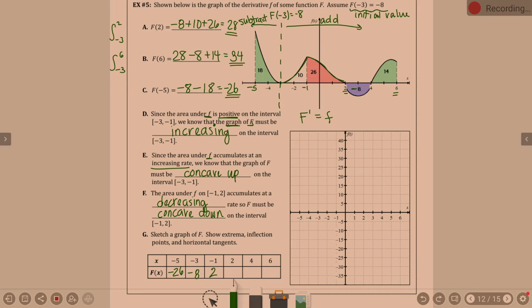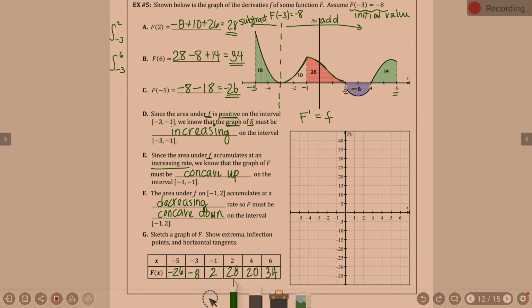So we're at 2. Let's see, we didn't do f of 2 either, did we? Oh, that's A. I didn't even look at it. So that's 28. There we go. Don't mind me. What about f of 4? No, we did f of 6. Gosh, it's 34. What's f of 4? It's going to be the 28 minus the 8, so 20.